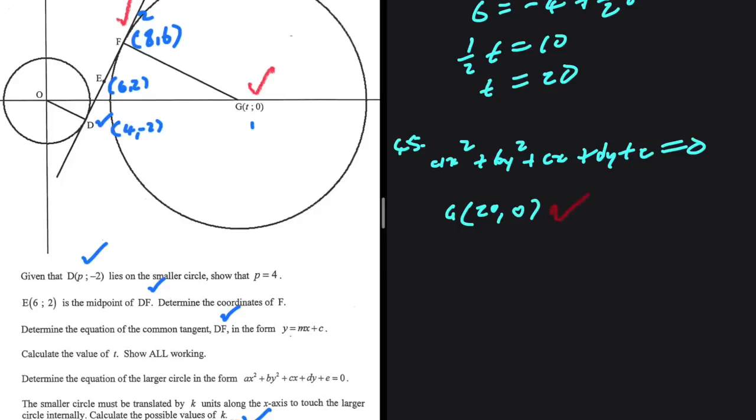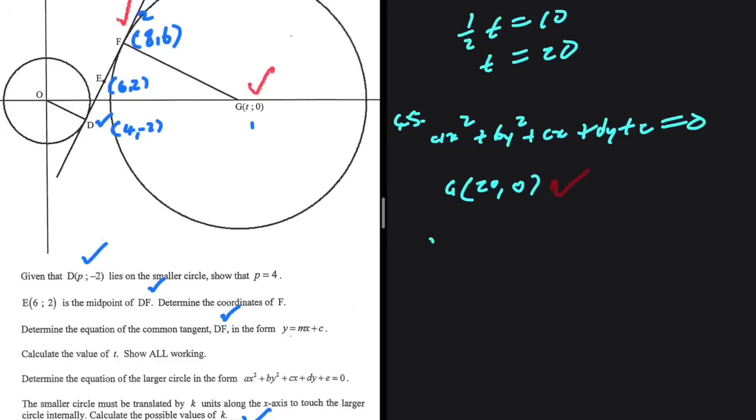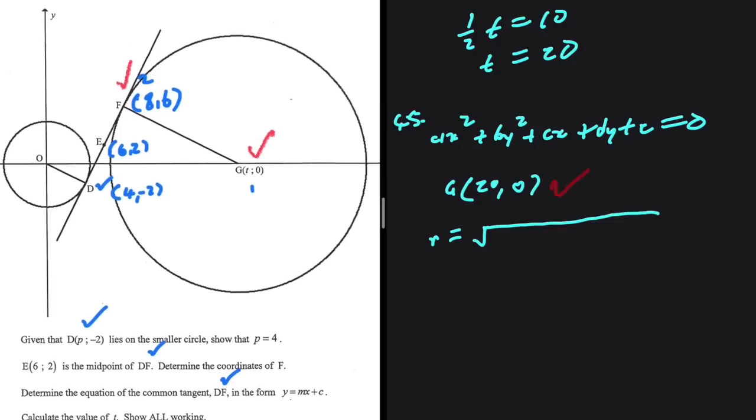What else do we have? We need the center and the radius at least to talk about the equation of a circle. So let's go ahead and see how we can conjure up the radius. Let's find the radius first, and then we're going to find the radius squared, okay? So this is going to be the square root of the distance formula. GF is the radius, so if we find the length of GF, then we have the radius. So this is y2 minus y1 squared plus x2 minus x1 squared.